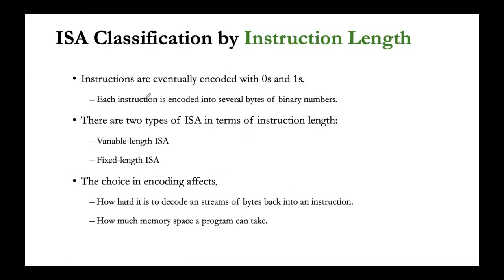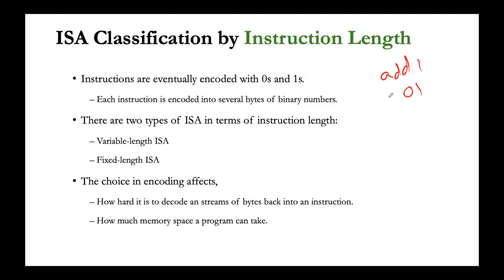Right? In this, instructions are eventually encoded with zeros and ones. That means if I have an add instruction, and the name for this add is sequentially given as 1, then it can be written as 0 1 by using 2 bits.